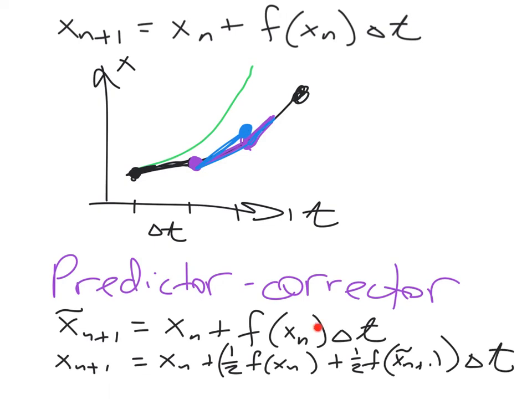So instead of using f at the initial point as our slope, we're using the mixture of these two slopes as the slope that we actually use to find our new point. The initial method up here is called Euler's method. And this method down here is called improved Euler's.